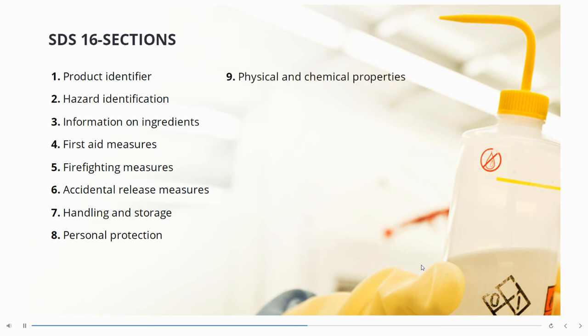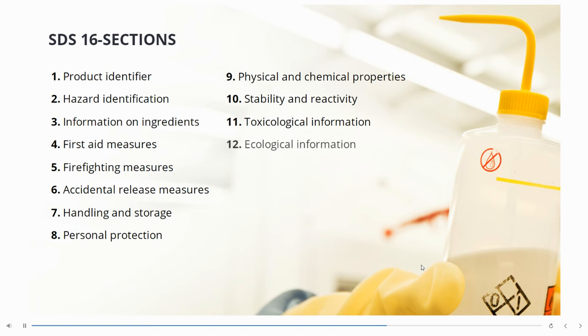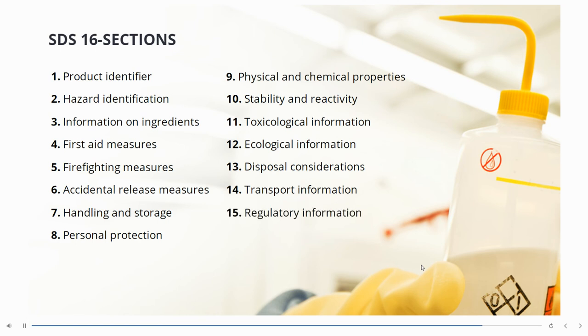Physical and chemical properties, 10. Stability and reactivity, 11. Toxicological information, 12. Ecological information, 13. Disposal considerations, 14. Transport information, 15. Regulatory information, and 16. Date of the latest revision of the SDS.